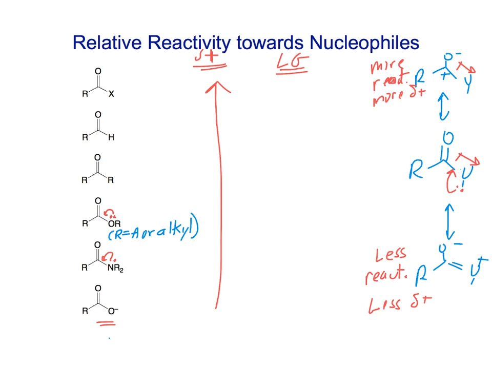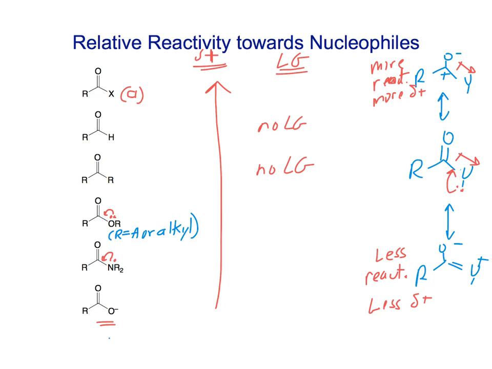Okay? So, as far as leaving groups go, we have chloride here. We know that these two have no leaving group, the aldehyde and the ketone, right? So they don't really play into this part.